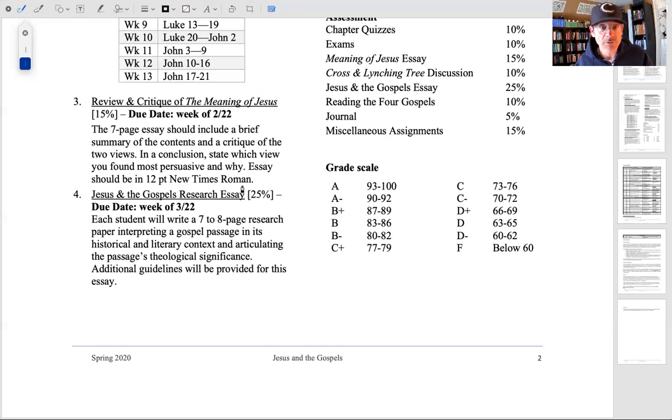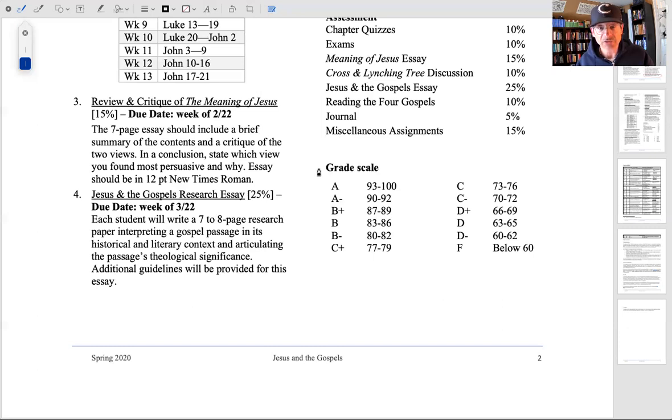Number 4, Jesus and the Gospels research essay. Each student will write a 7 to 8-page research paper interpreting a gospel passage in its historical and literary context and articulating the passage's theological significance.